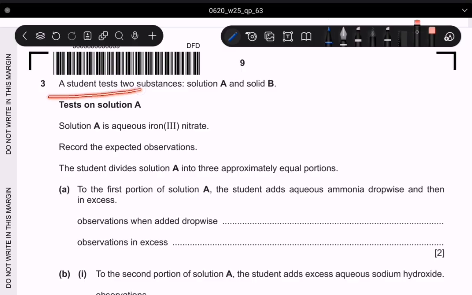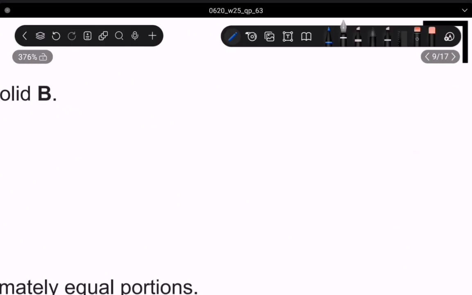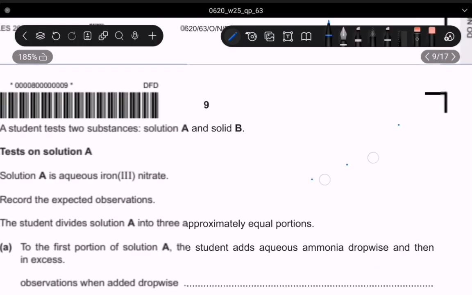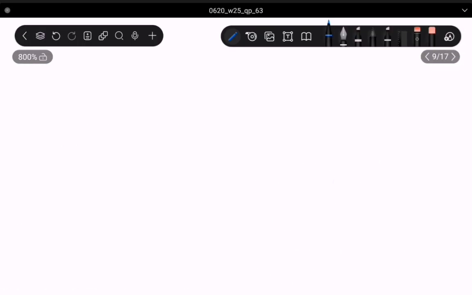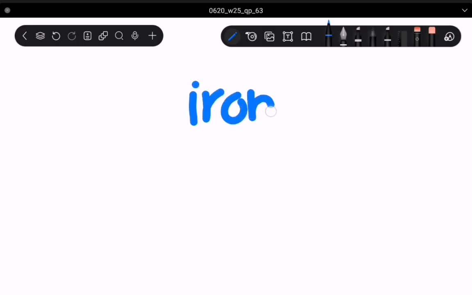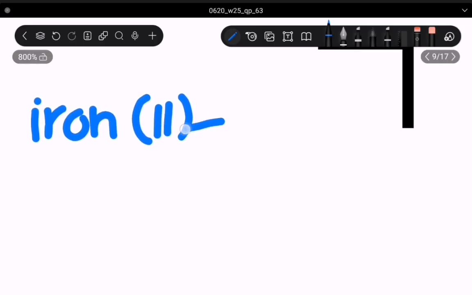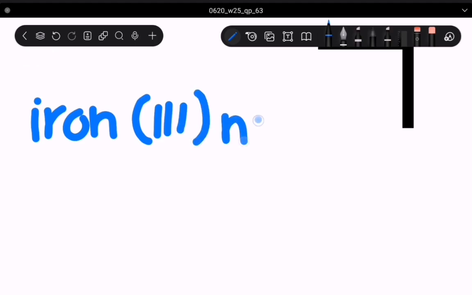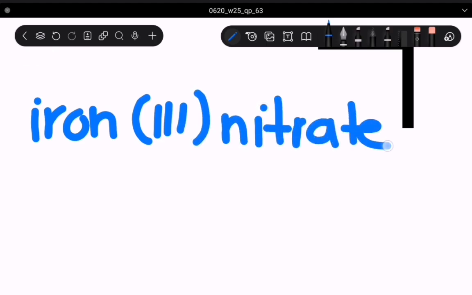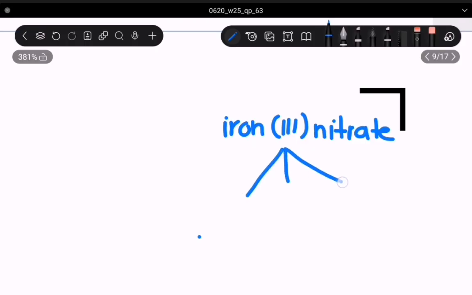A student tests two substances, solution A and solution B. Now we're looking at the tests on solution A. Solution A is aqueous iron(III) nitrate. The student divides solution A into 3 approximately equal portions. So we have iron(III) nitrate, divided into 3 equal parts.